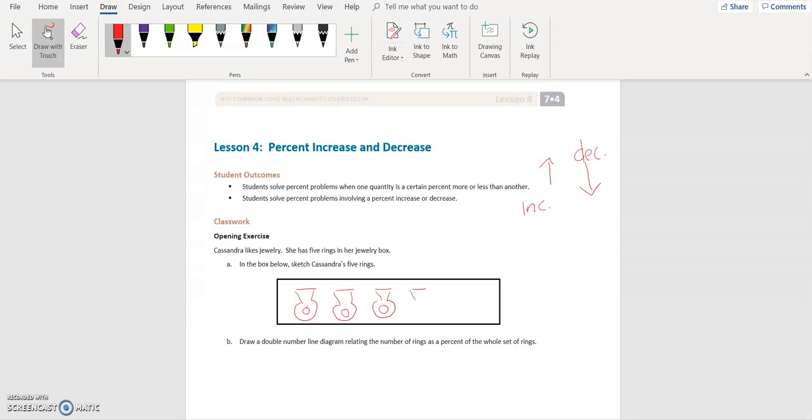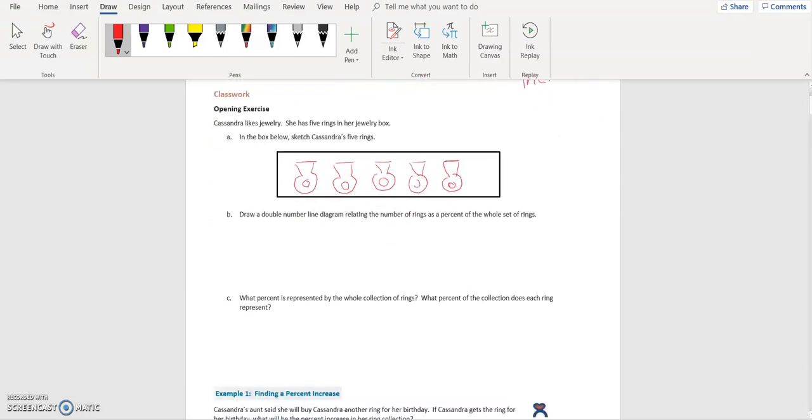Okay, so I did part A. Sketch them. Draw a double number line diagram relating the number of rings as a percent of the whole set. So the whole set is considered to be 100%.